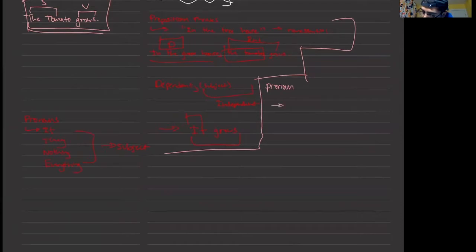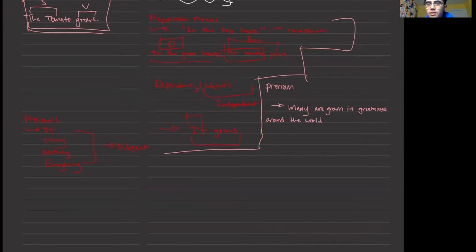Tell me if this is a sentence. Many are grown in greenhouses around the world.